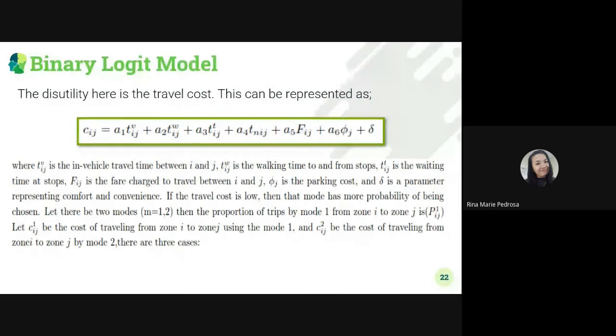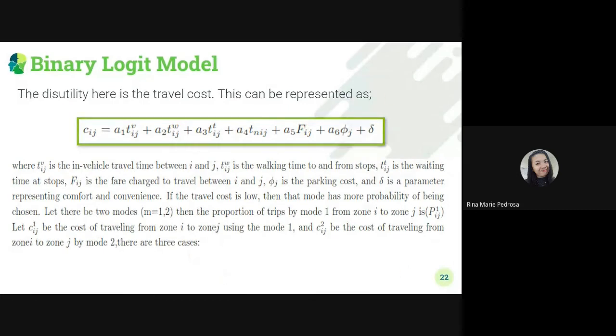In transportation, we have this utility also. So what is that? This utility here is the travel cost. This can be represented by this equation. You are also given here the values of this one.